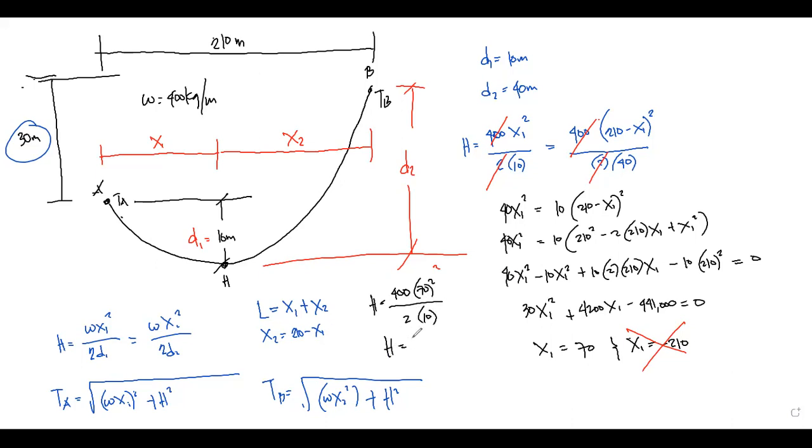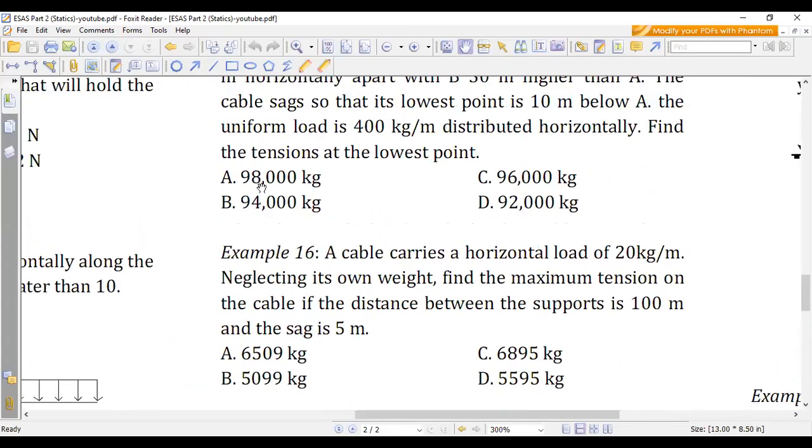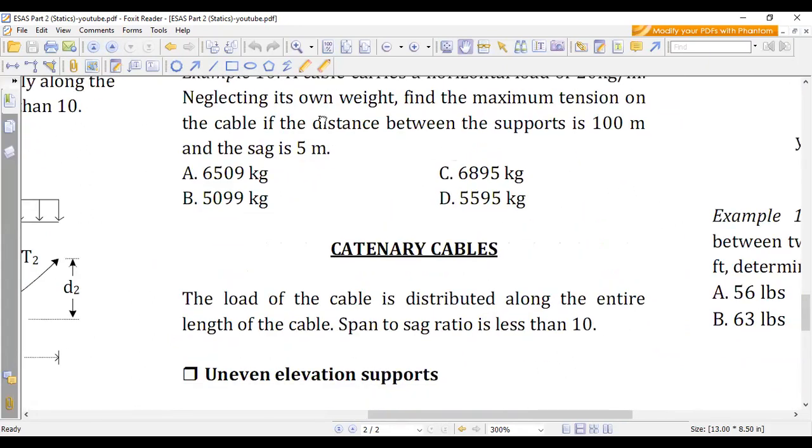So we have here 400, divided by 20. So this gives us 98,000 kilograms. Okay, so 98,000 kilograms. We'll take a look if we have the 98,000 kilograms from the choices. There you go. That's letter A. Okay, and then we proceed to sample number 16.